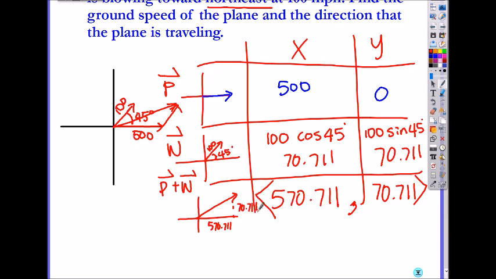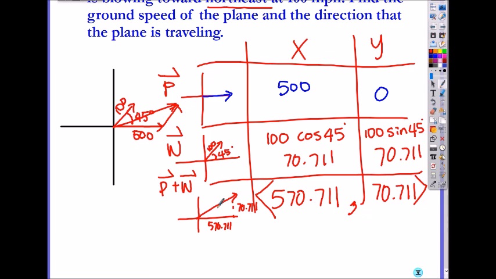If they just ask for a component form of a resultant vector, we are done. But what is it asking us to do? Find the speed, meaning its magnitude, and you have to find the direction.